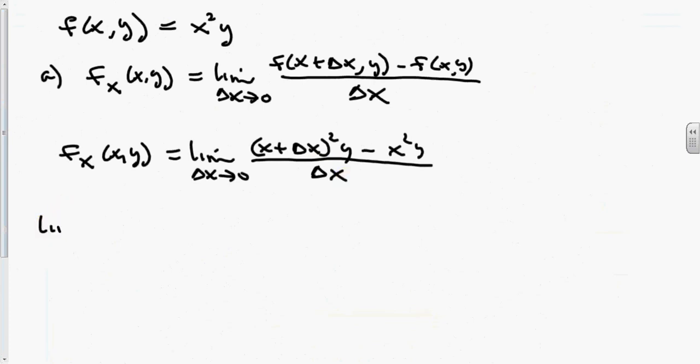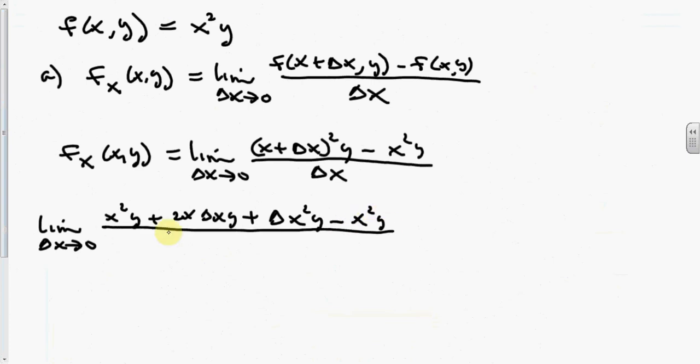So here we get the limit as delta x goes to 0 of x squared y plus 2x delta x y plus delta x squared y minus x squared y all over delta x.